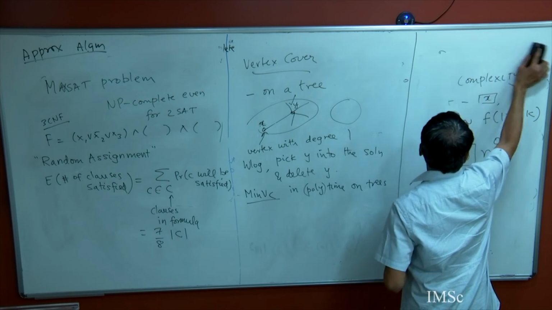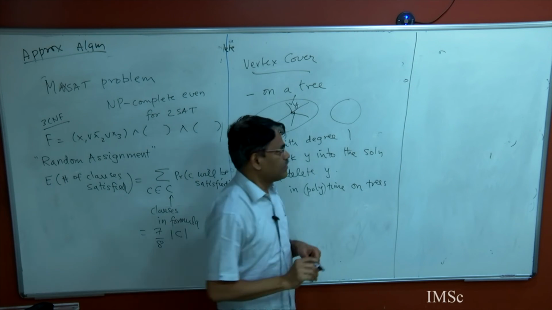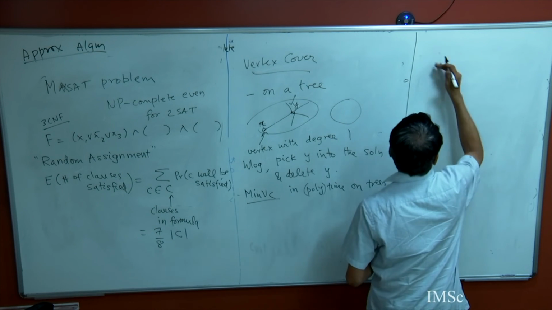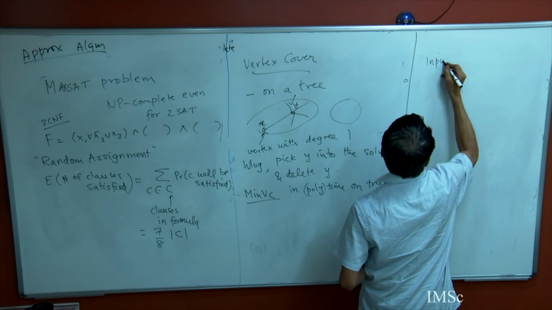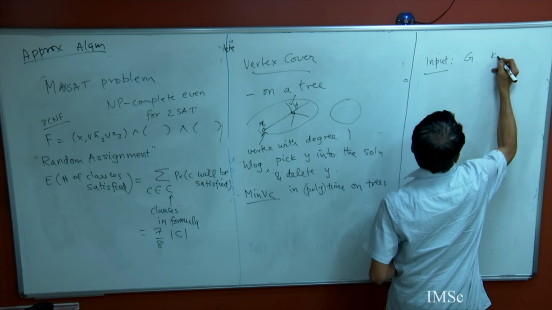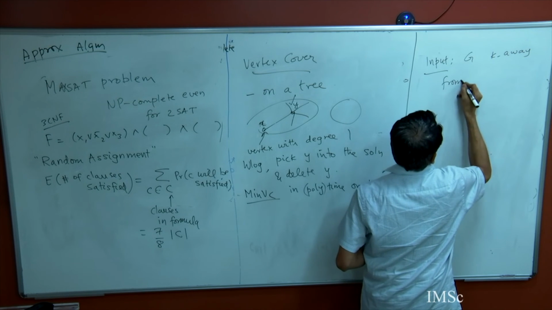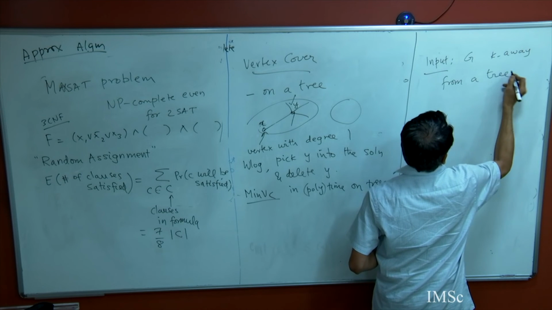Now, the input is a graph G that is k away from a tree. What does that mean?